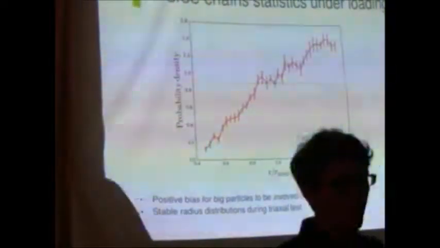If you also do some statistics, this is the probability density that particles of a given radius belong to a force chain. The dashed line is the probability density for the whole sample.